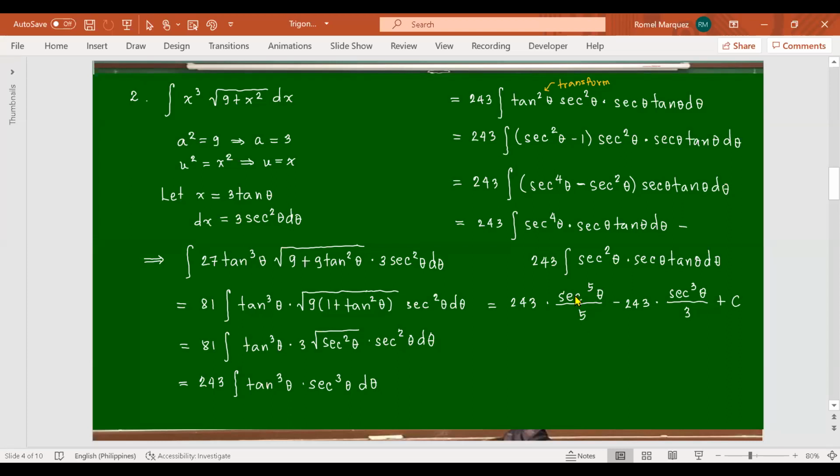But what is secant theta, guys? Let's use the right triangle that we can associate in our representation. So let me draw a triangle. We have this right triangle.